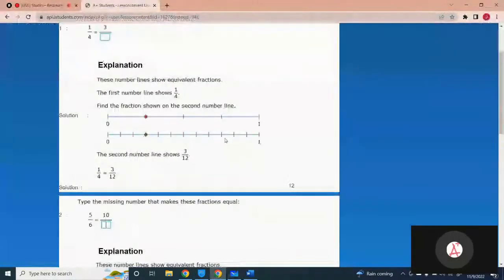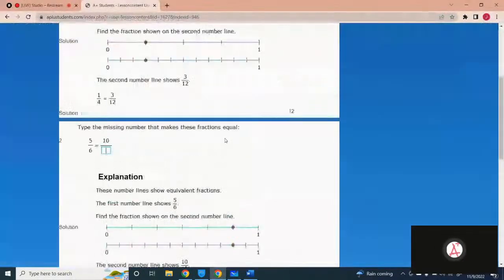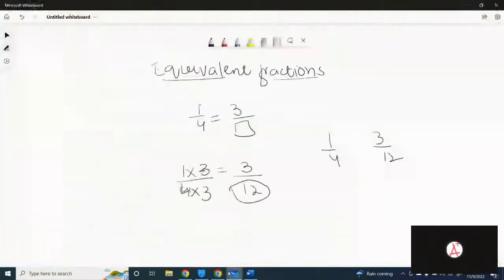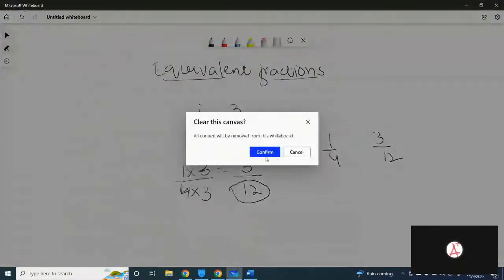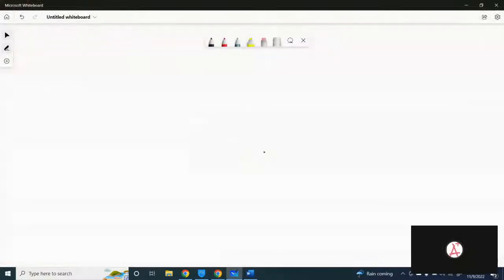The next example is 5 by 6 equals 10 over the missing number. Because here you have an equal sign, you already know the fractions are equivalent.